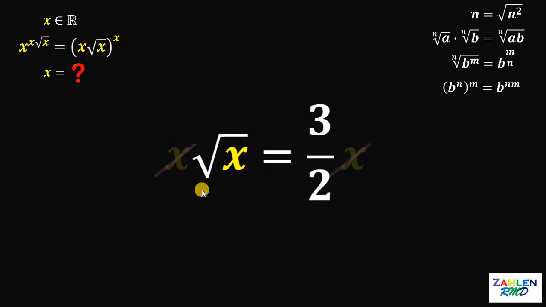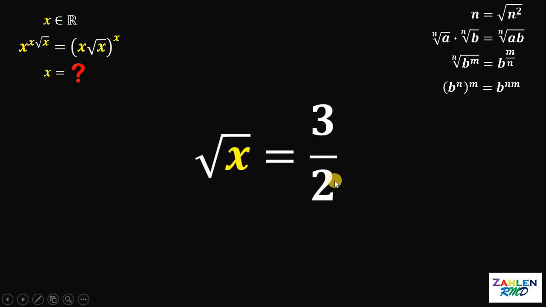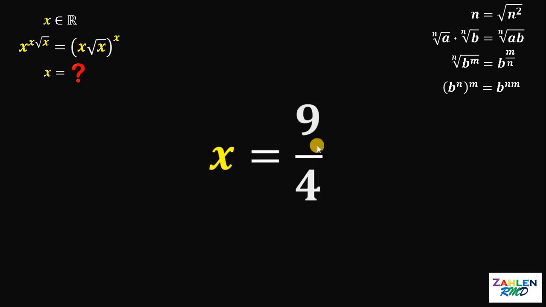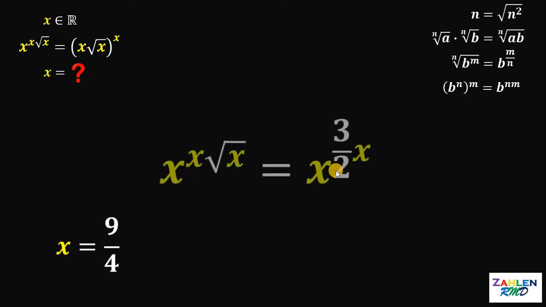So we have square root of x equals 3 over 2. Now to solve for x, let's square both sides. So we have square root of x quantity squared equals 3 over 2 quantity squared. On the left hand side, we have x, and on the right hand side, we have 9 over 4. Therefore, we have now one real value for x.